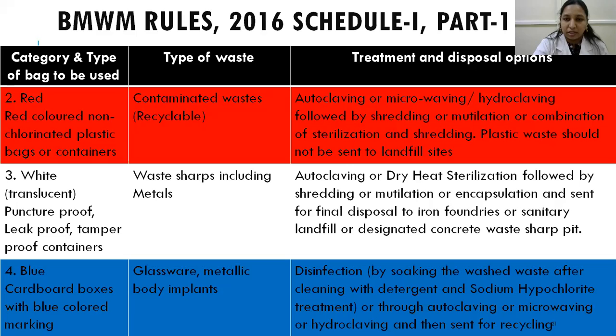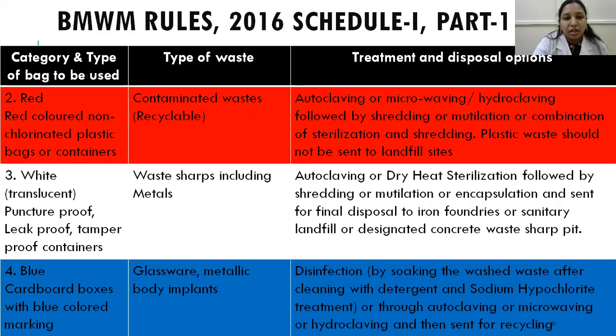We have already studied what dry heat sterilization is. Then again you have to shred or mutilate, or encapsulation also can be done, and then finally it can be disposed in iron foundries or sanitary landfills or waste sharp pits. Pits, like in PHCs, where they cannot be sent to the biomedical waste treatment facilities. They dig small sharp pits, and after treating with 1% hypochlorite, they just dump into it.